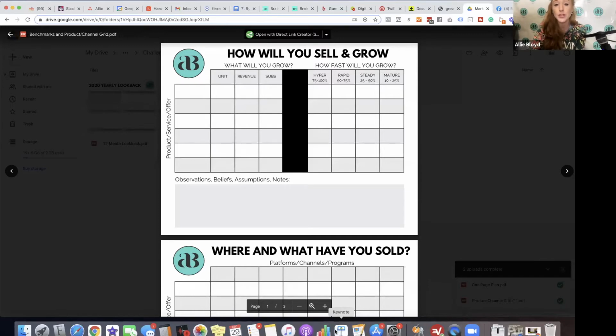Okay. So the first thing that we need to know in terms of how we're going to sell and how we're going to grow is, what are you trying to grow and how much do you want to grow? In terms of what we're actually going to be trying to grow, there are 3 different options that you will see on that document.